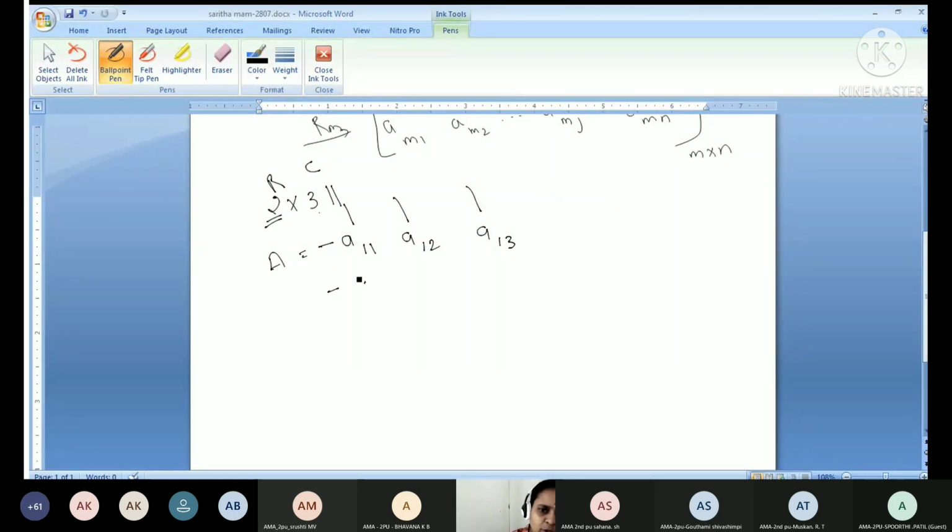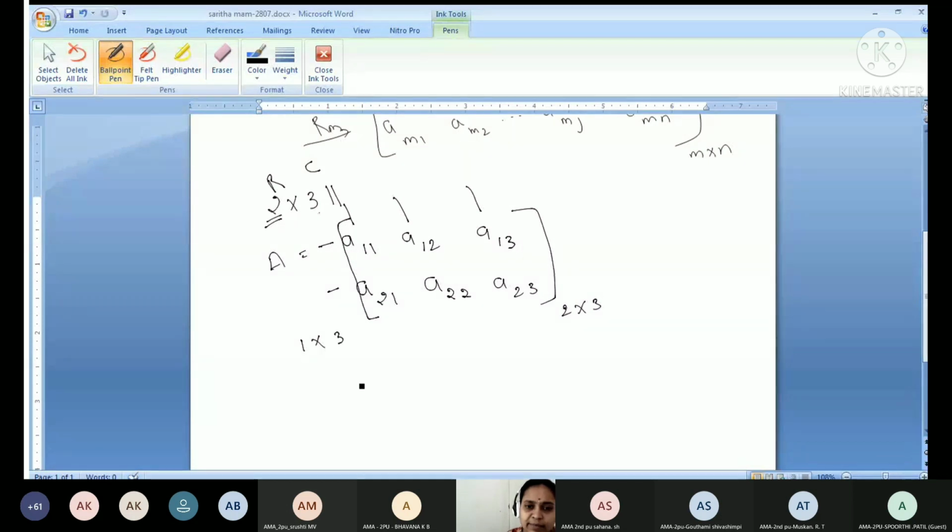This is how a general 2 by 3 matrix will be. I hope you are following me. If you want to write a 1 by 3 matrix, how does a 1 by 3 matrix look? A is equal to only one row: A11, A12, A13. That's it.